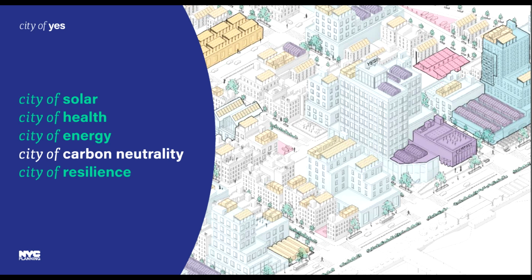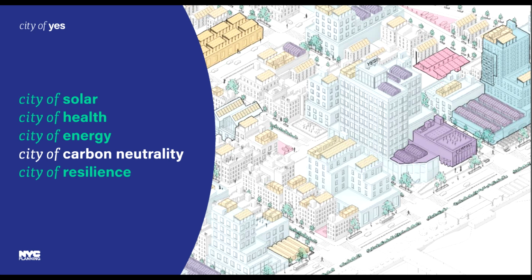Okay, City of Yes for Carbon Neutrality is the first of 3 projects that the Department of City Planning is developing as part of the broader City of Yes initiative. The second, economic opportunity proposal, has started public engagement this month, and the third, housing opportunity proposal, will be next after that.